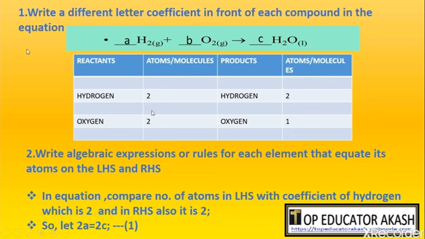First, compare the number of atoms on the left hand side with the RHS. See the hydrogens. The number of atoms is 2, so write it as 2A, and the number of atoms of hydrogen in the RHS is also 2, so it is 2C.